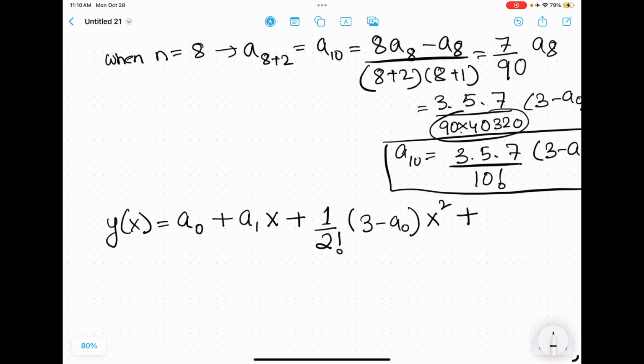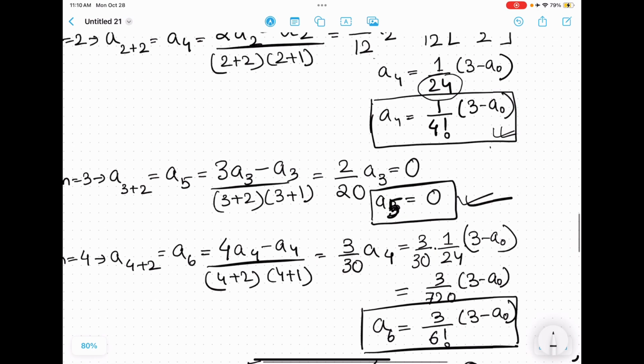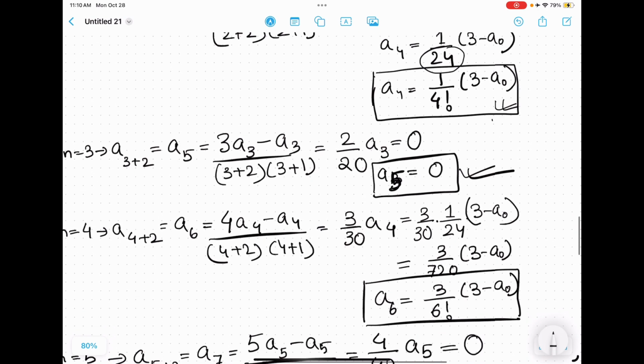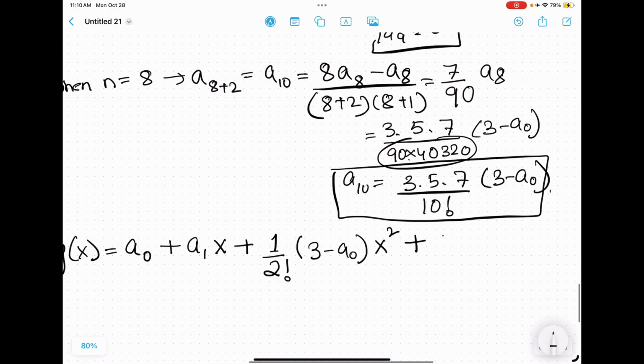So I'm going to now move to my a sub 4, and I can see that my a sub 4, so over here it's 1 divided by 4 factorial. So I'm going to write that. So I have 1 divided by 4 factorial, 3 minus a sub 0, x to the power 4.